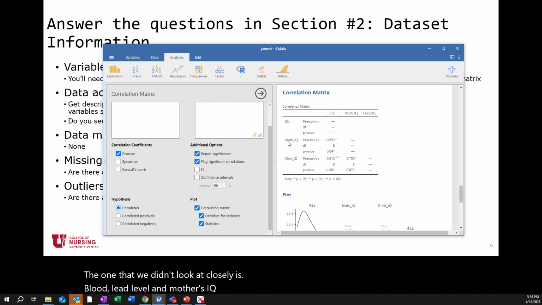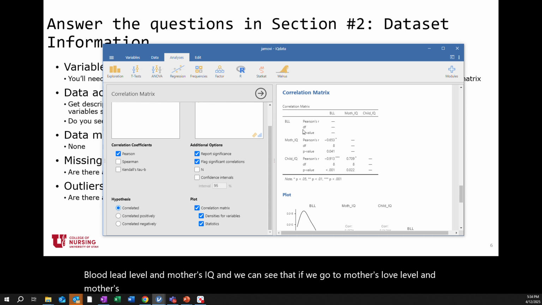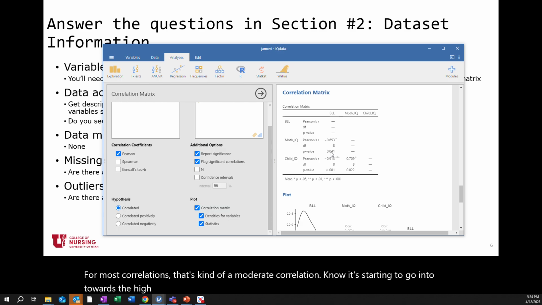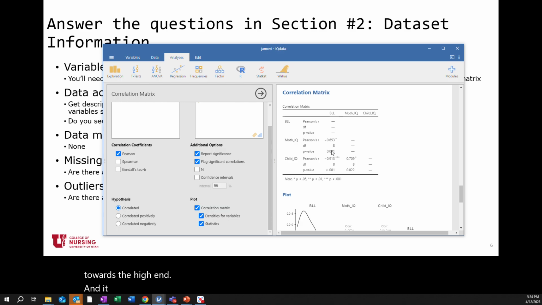And we can see that it is correlated at a negative 0.6. For most correlations, that's kind of a moderate correlation. It's starting to go towards the high end, and it is statistically significant.